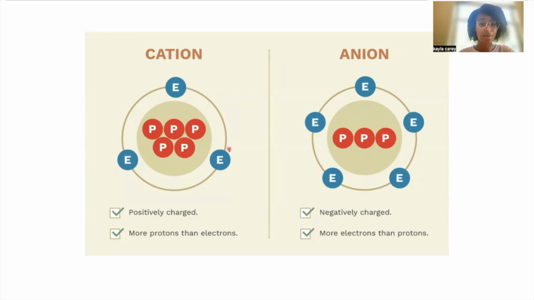So because there are more protons than electrons, the atom is positive, and we call this atom a cation. In this example, we only have 3 protons, but 5 electrons. So because there are more electrons than protons, we call this an anion, which is negatively charged.